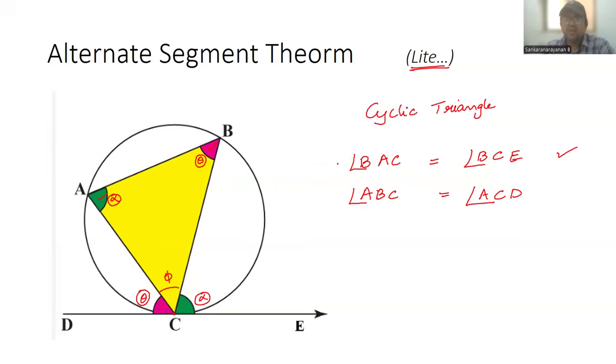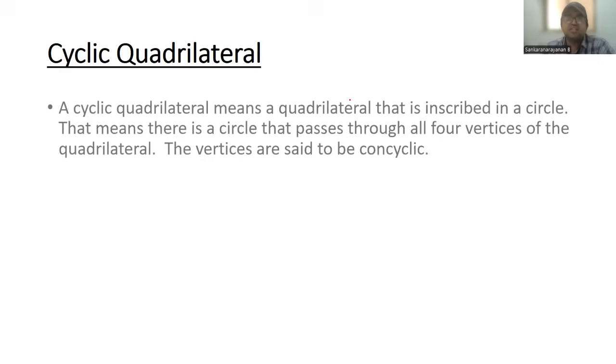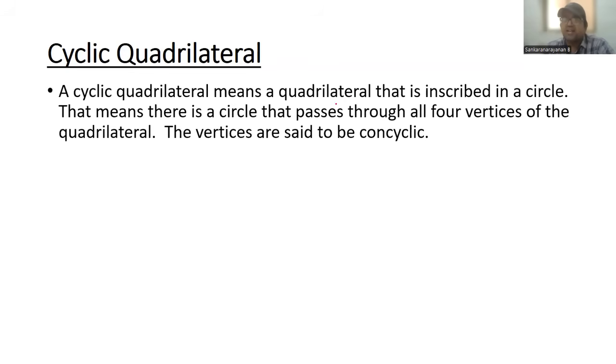Okay. Now, let's talk about cyclic quadrilaterals. We have got some interesting results that you have to note. But before I talk about those results, let's talk about what a cyclic quadrilateral is all about. A cyclic quadrilateral is a quadrilateral, four sides are there, that is inscribed in a circle.